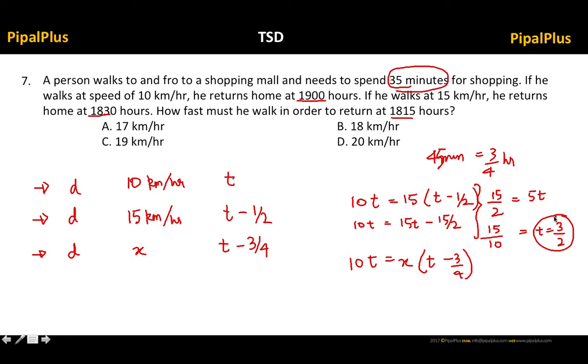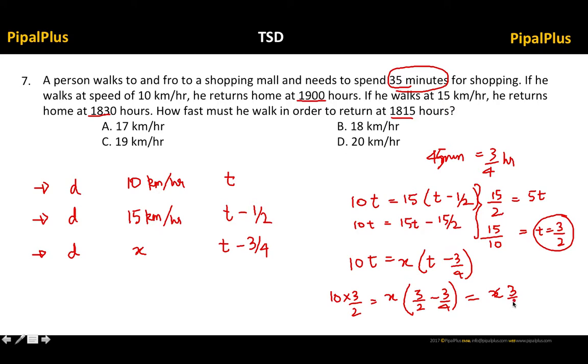So the usual travel time is 3 by 2 hours, which is 1.5 hours. And if I put the value of t in here, I should be able to find the value of x also. So I get 10 times 3 by 2 equals x into (3 by 2 minus 3 by 4). 3 by 2 is actually 6 by 4, so 6 by 4 minus 3 by 4 is 3 by 4.